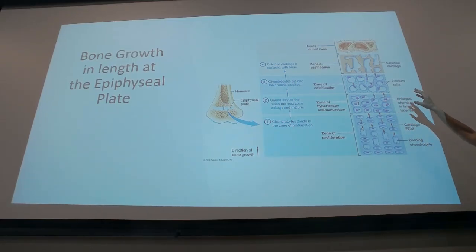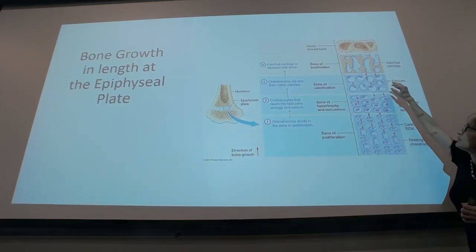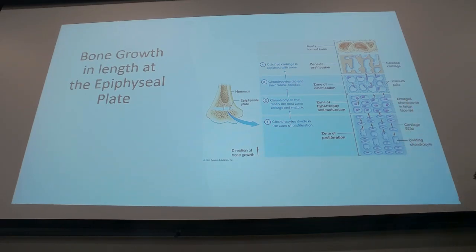In the zone of calcification, these chondrocytes will die, and you will have a deposit of calcium salts. This cartilage will be completely surrounded by calcium salts, calcified cartilage, and the last part is going to be the newly formed bone.